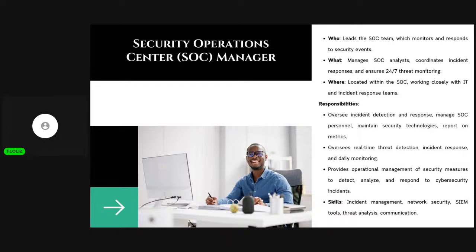Also, the manager is supposed to work closely with the IT team and also the incident response team, because the center has to be managed in a way that everybody who is involved can get prompt updates. So the security operations manager will monitor and respond to security events in real time. That is very key. It has to be real time.